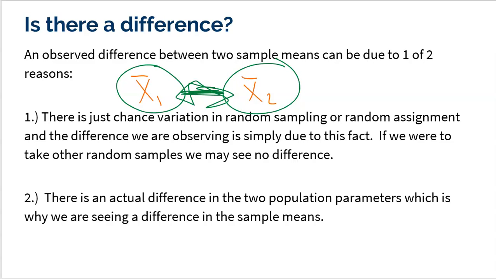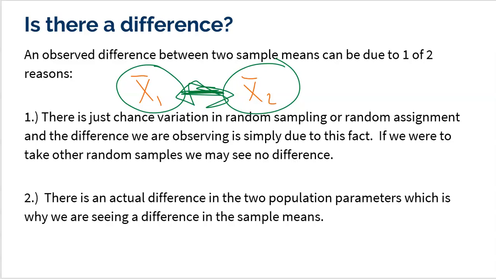The one thing we've been saying all year long is that the one thing samples do very, very well is that they vary. Samples are always going to vary. So maybe we're seeing some differences between these two samples because it's just natural variation that exists when you sample. They're different because they're just different. It's not anything you're in control of.